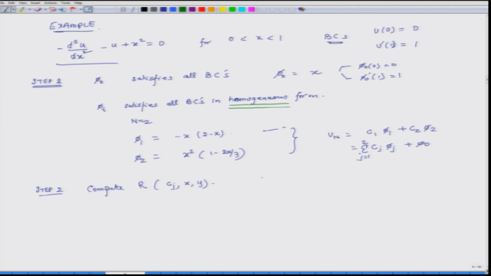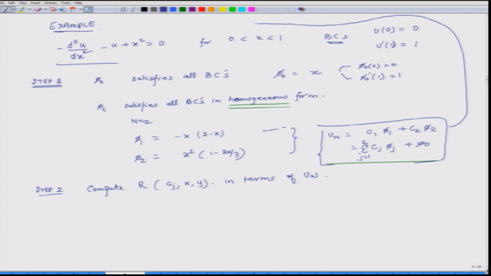So, this is my definition of u n. So, we compute R in terms of u n, which is defined by this equation. So, basically I plug in this equation in this differential equation.